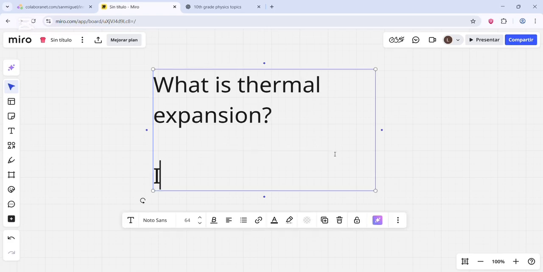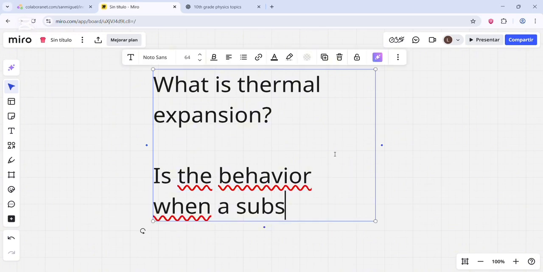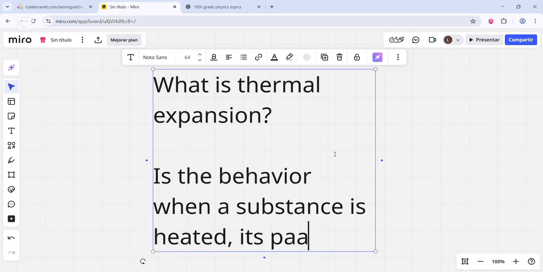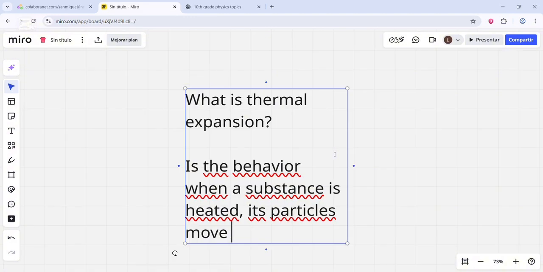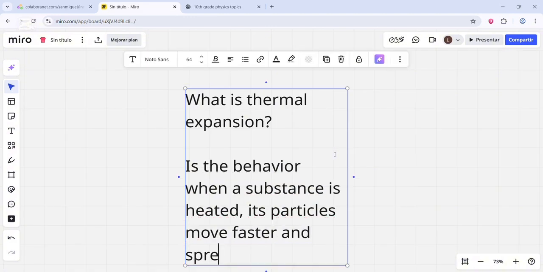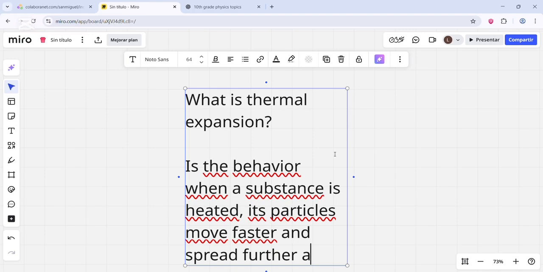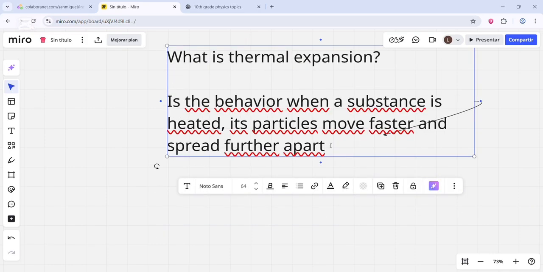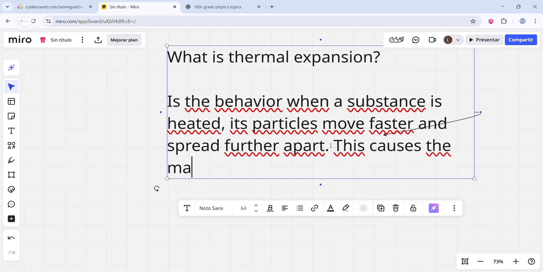Thermal expansion is the behavior when a substance is heated and its particles move faster and spread further apart. This causes the material to expand.